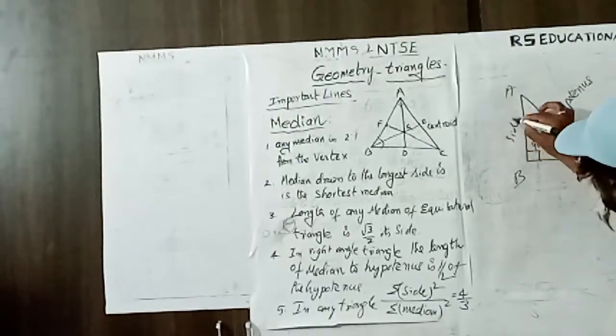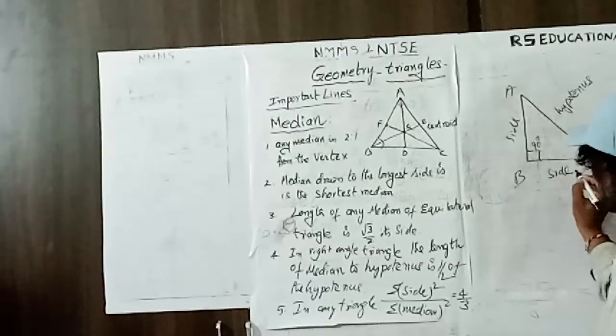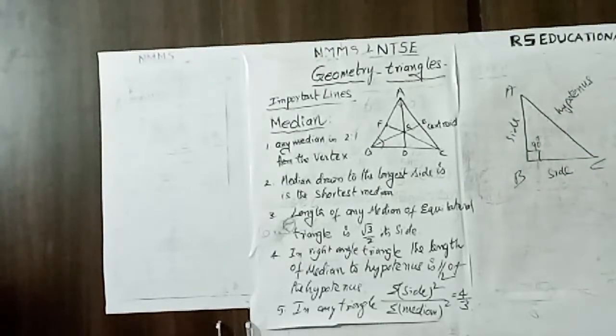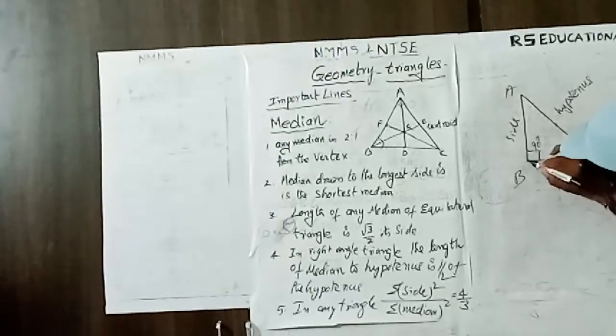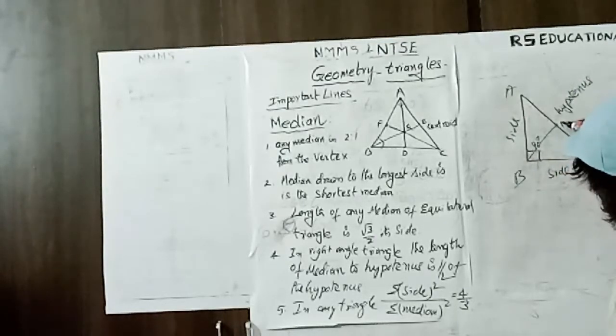This is one side, this is another side. So if you draw the midpoint D of AC and join BD, understand? BD is the median to AC.